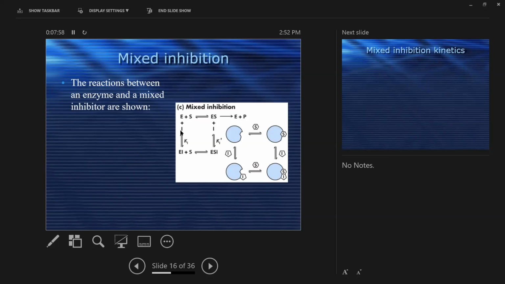In both cases, you still need the substrate before you make product. These tend to be the most potent of the reversible inhibitors.